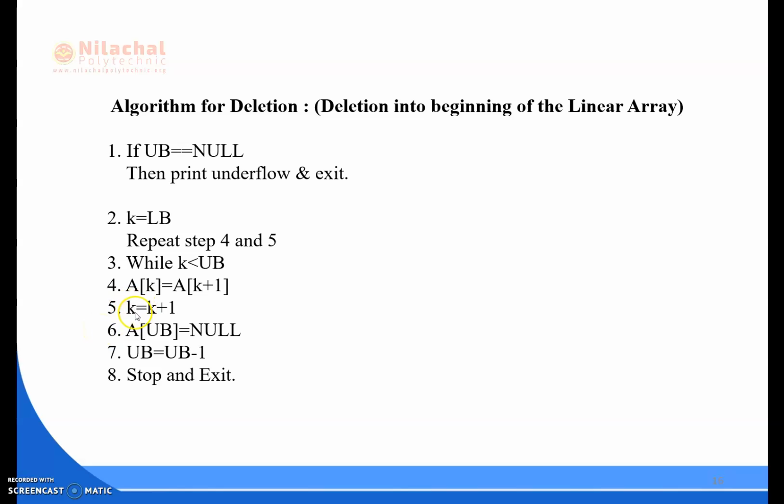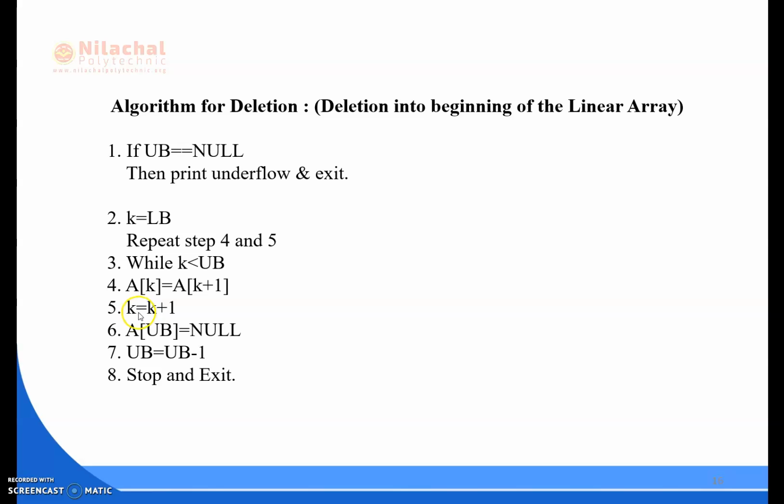So let's see how long it is going to continue. It is going to continue from the lower bound to the upper bound position. So the 4th and 5th steps are to assign the value of one linear array position to its previous location. At the 4th step, we have a of k plus 1 value assigned to a of k.